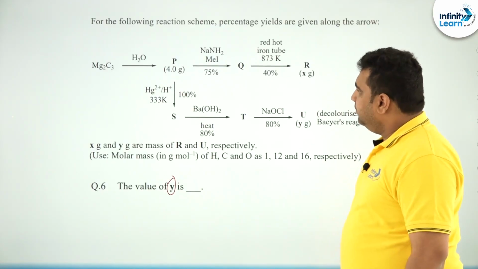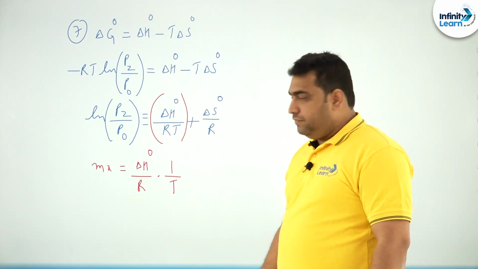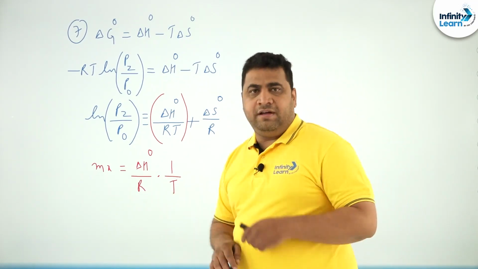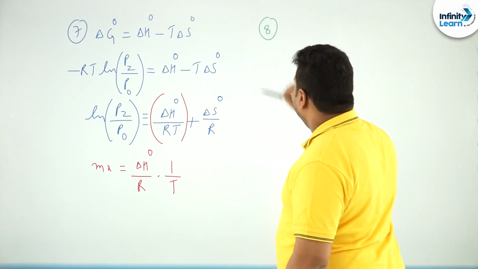So you know the value of T, you know the value of R, you find the value of delta H naught.